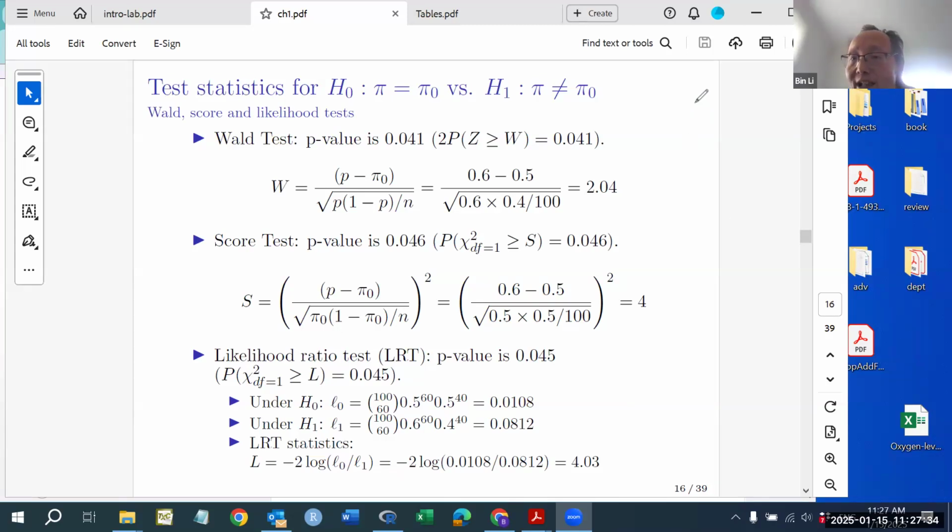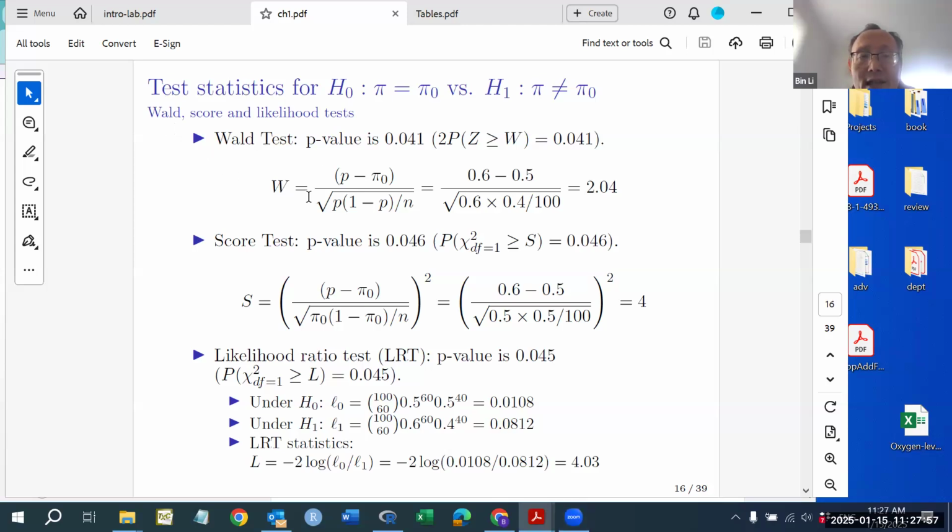For the exams, of course, I expect you can do this kind of test by hand. These are very simple. It's not difficult. For the other questions, what test should we use? I will let you know.